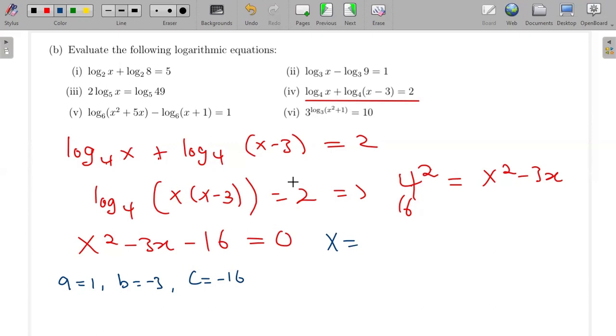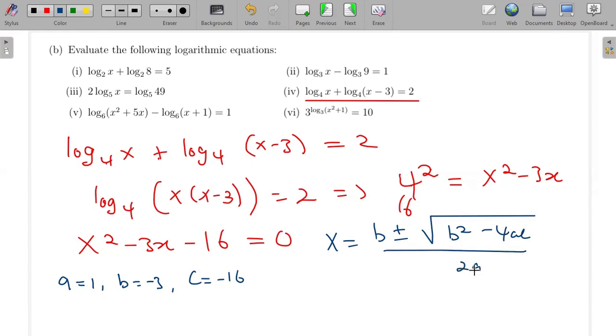What is b? It will be equals to b plus or minus the square root of b squared minus 4ac divided by 2a. So this is the formula, right? Is it minus b? Here it should be minus b, not b.